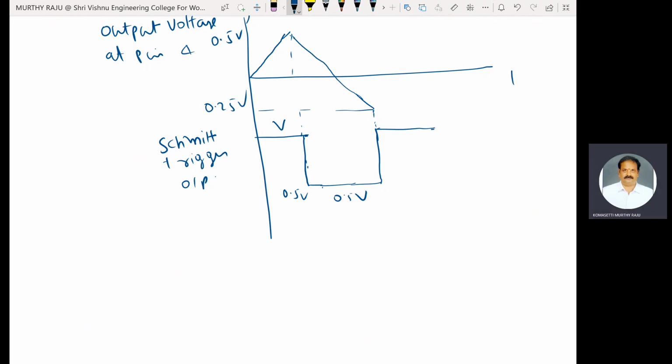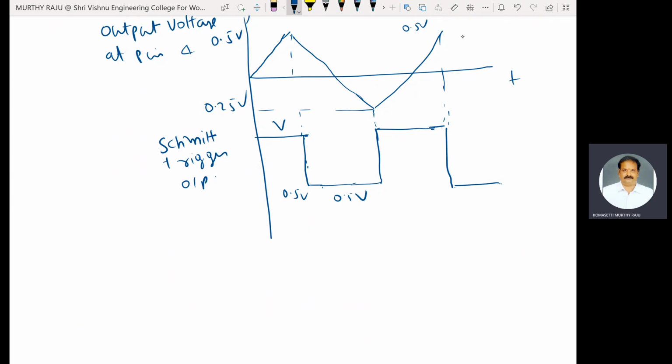The capacitor charges up to 0.5 volts. It maintains like that. Whenever the capacitor voltage reaches 0.5 volts, the Smith trigger output changes to 0.5 volts. It is constant.